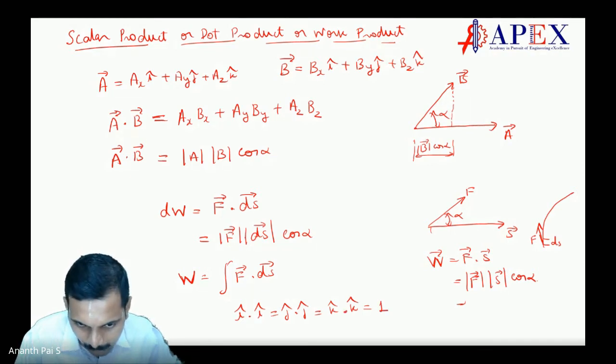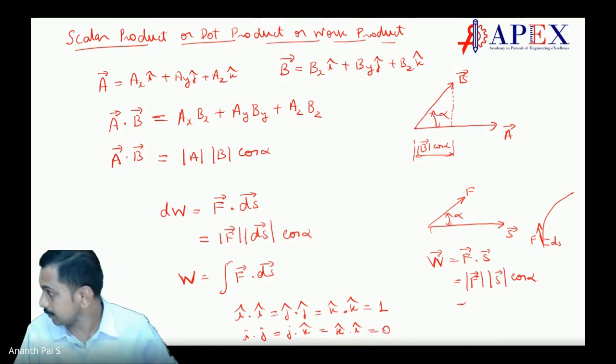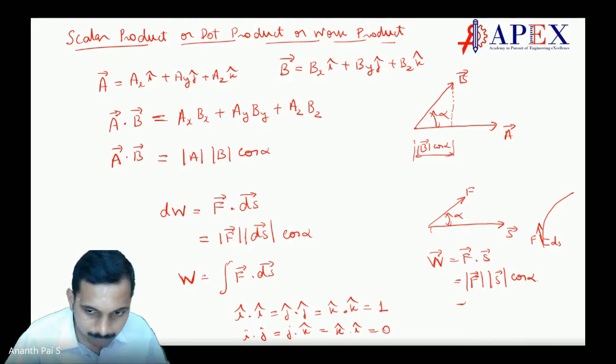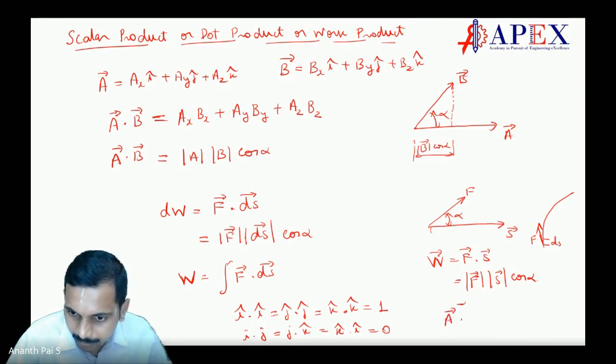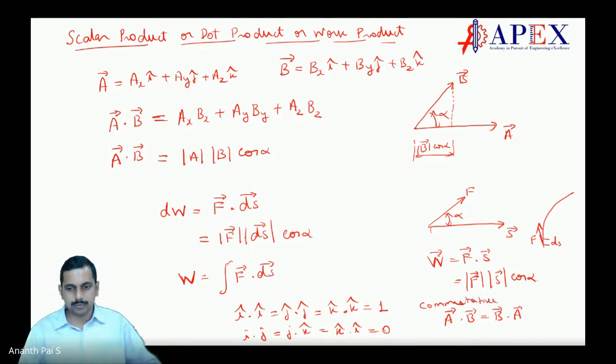And also i dotted with j is equal to j dotted with k is equal to k dotted with i is equal to 0. And also it is commutative. So A dotted with B is equal to B dotted with A. Very important. It's commutative. Very, very small things, but very important.